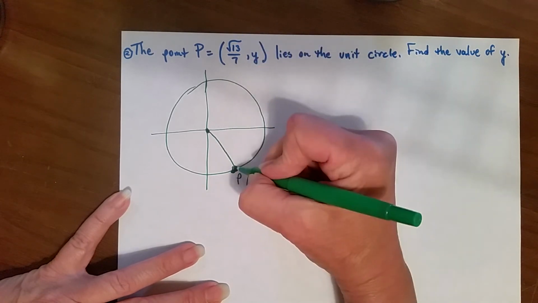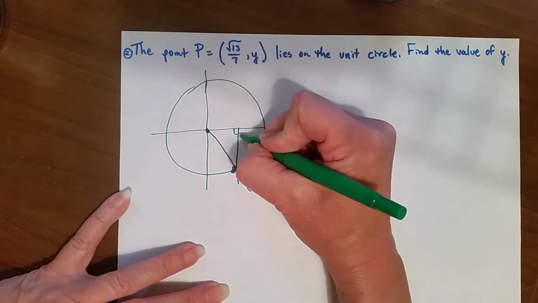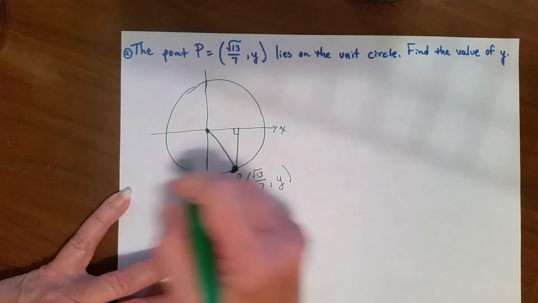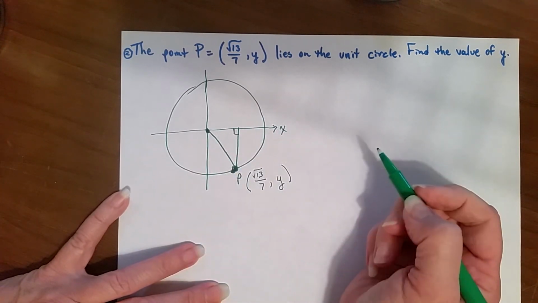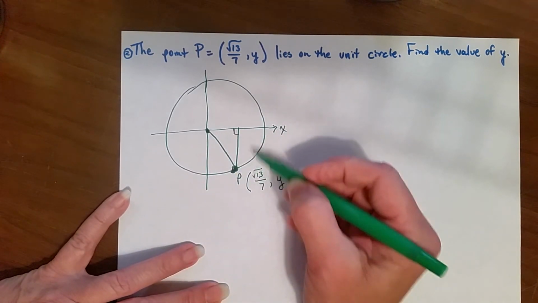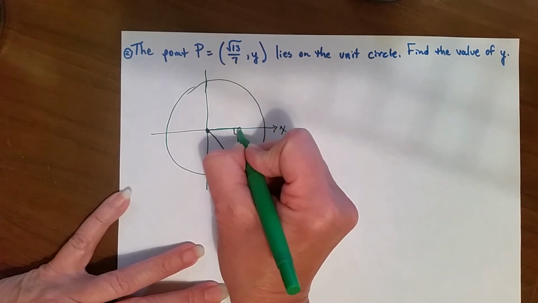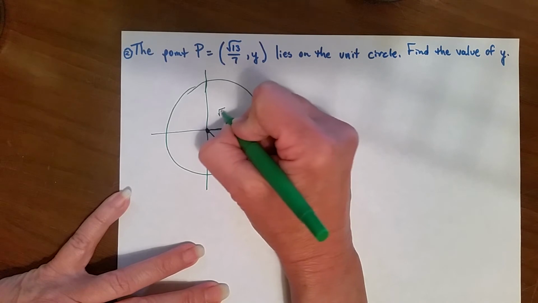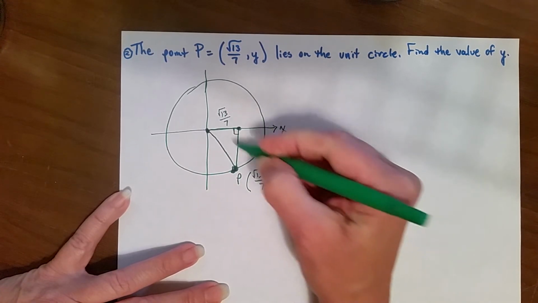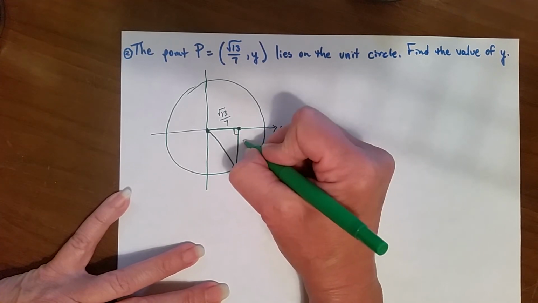Now I'm going to draw a right triangle. Always draw the triangle to the x-axis. Now, root 13 over 7 is my x-coordinate. So from here to here, it's root 13 over 7. What we don't know is y.